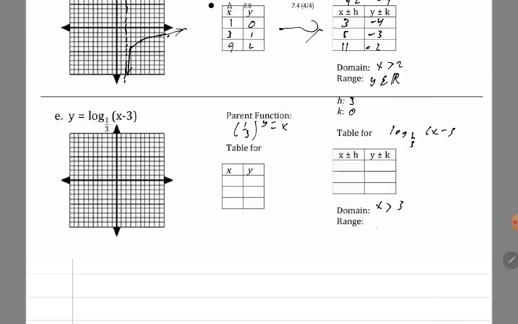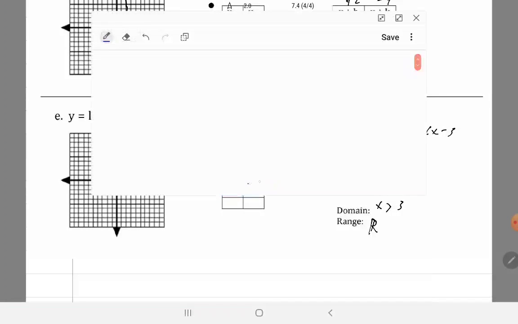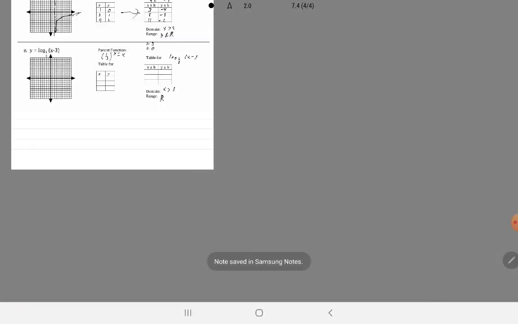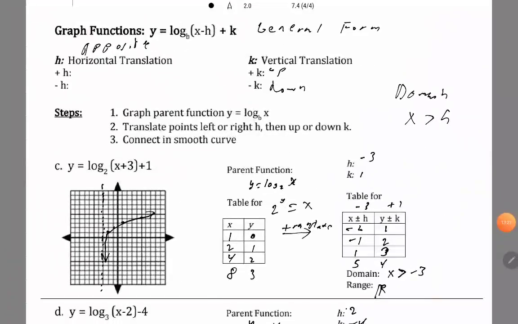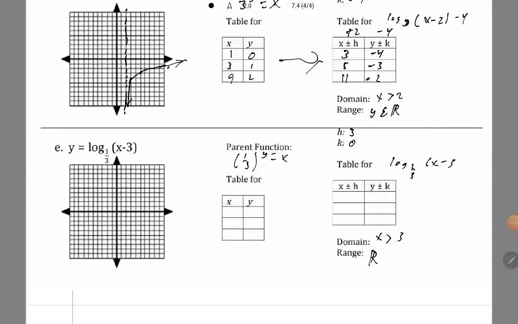Range is all real numbers. So if I plug in -2, -1, and 0, I'll get 1, 3, and 9.